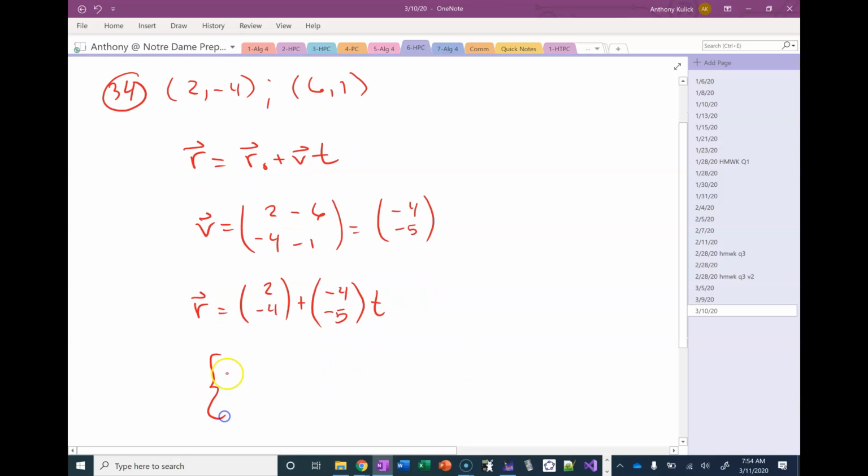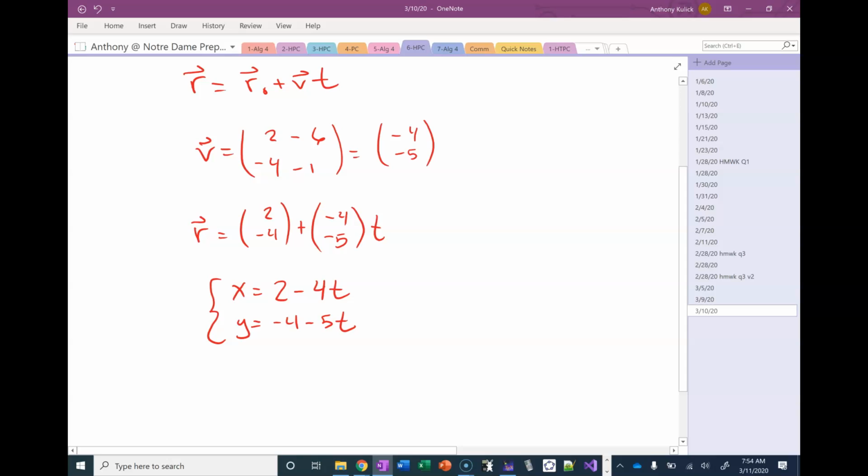And so what this gives me now is my parameterization. The only question now here is the interval for this parametric function. So clearly when t equals 0, r is going to give me the point 2, -4, which is one of my two endpoints.